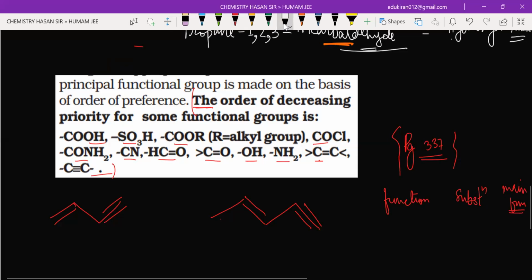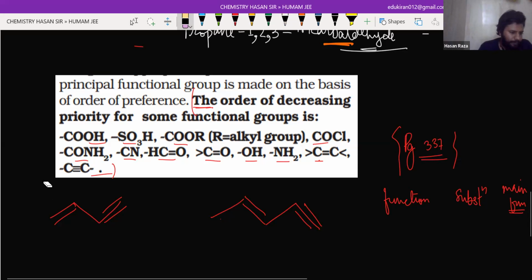Now, have you written the name of this? First of all, if you do numbering from the left, you get double bond first.